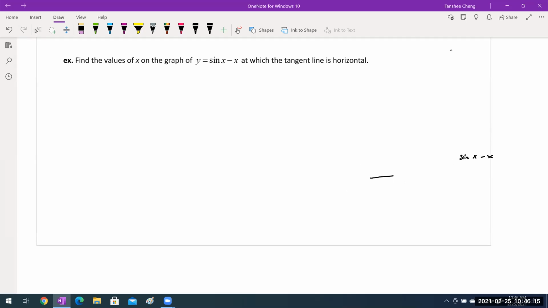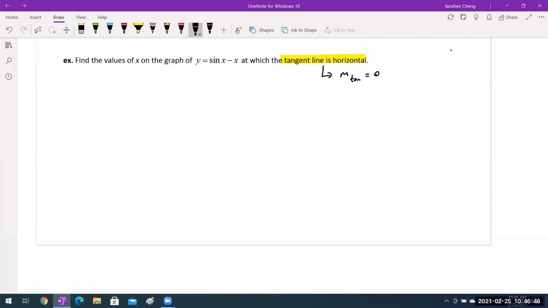So make sure you understand the question so that we know clearly which direction we want to move. So let me write it down again. The tangent line is horizontal. This indicates that the slope of the tangent line is equal to 0.